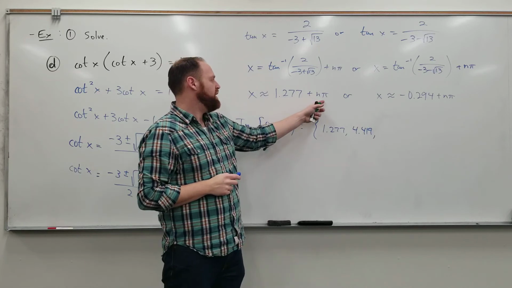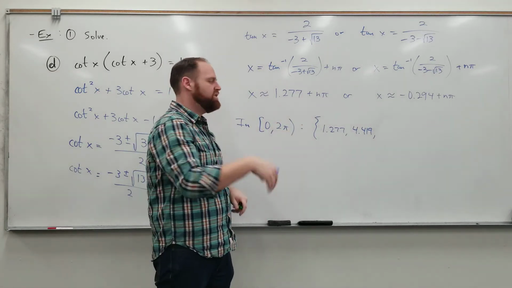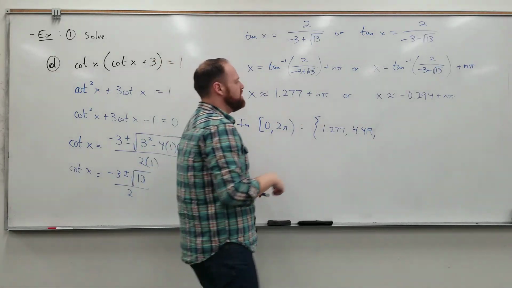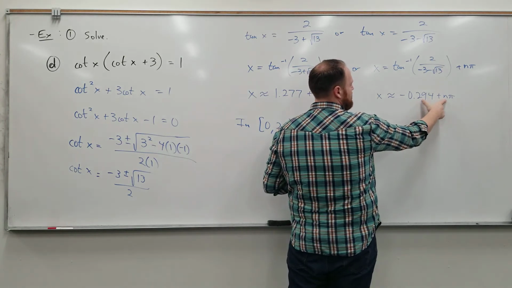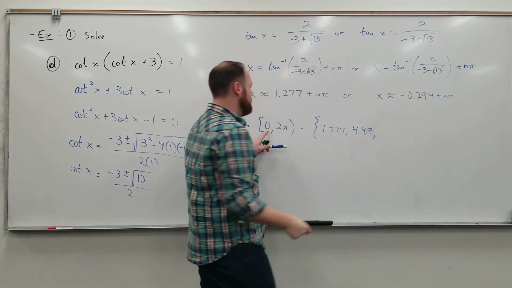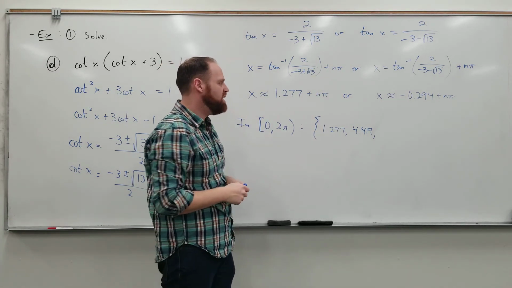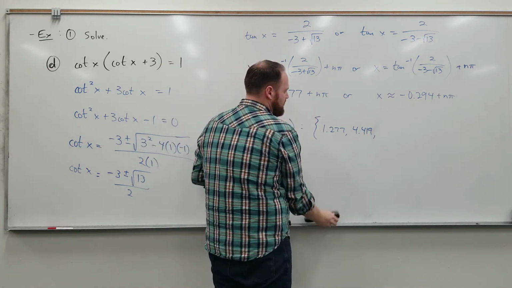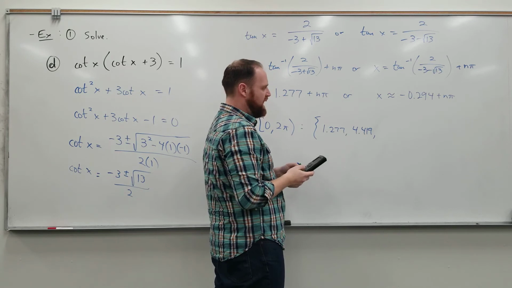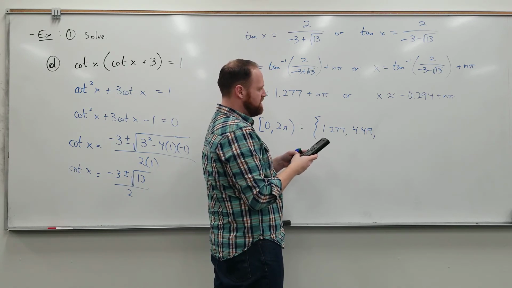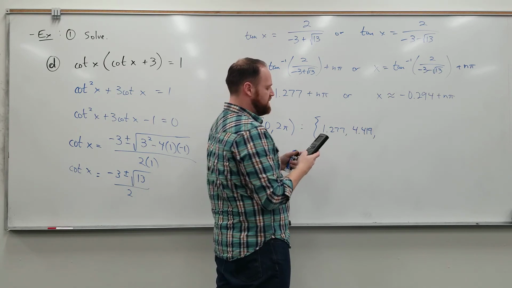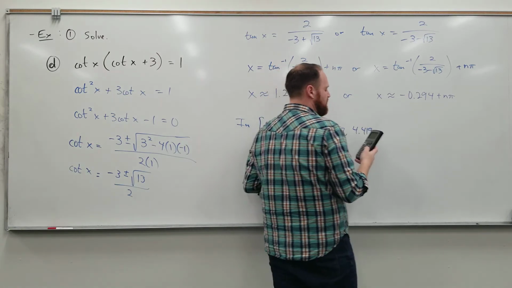If I plug in 2 for n, now I'm bigger than 2 pi, right? So I stop. Same thing over here, right? If I plug in 0, I get an answer less than 0, so I'm not going to put that in my solution set. If I plug in 1, I'm going to have pi minus 0.294. It's about 2.848.